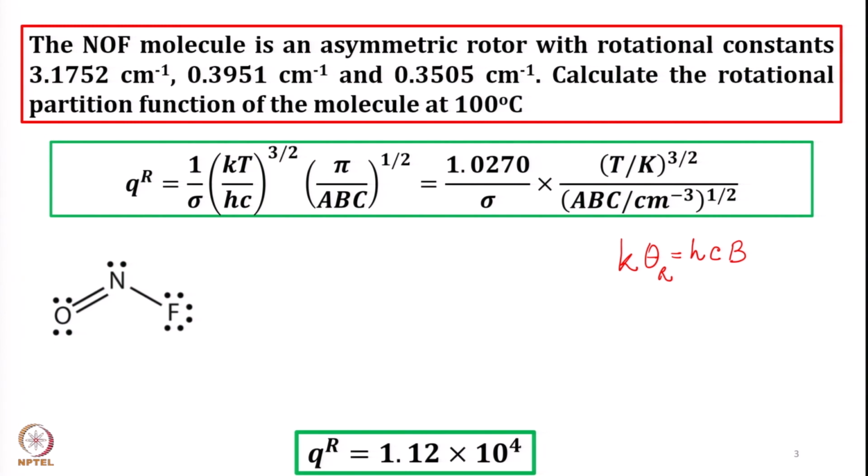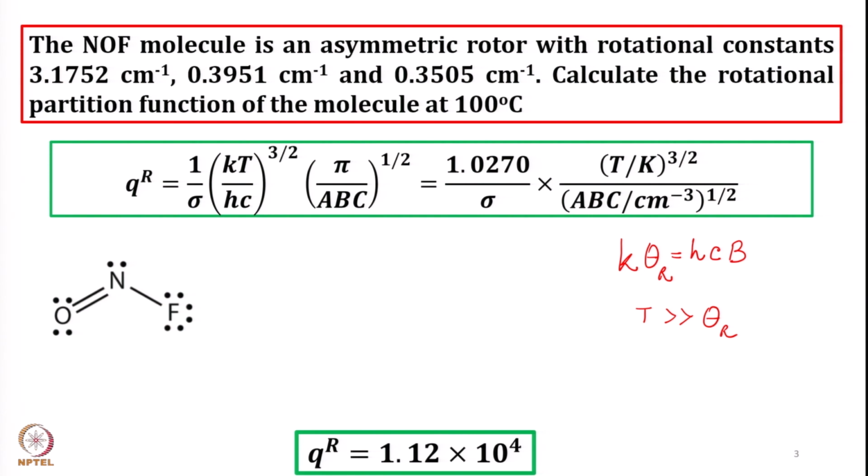So, once we calculate theta R, if temperature is much higher than theta R or characteristic rotational temperature, then we can straight away go ahead and use the high temperature approximation result.